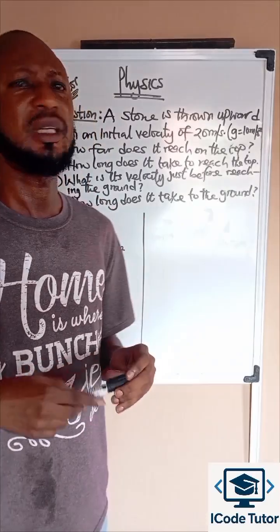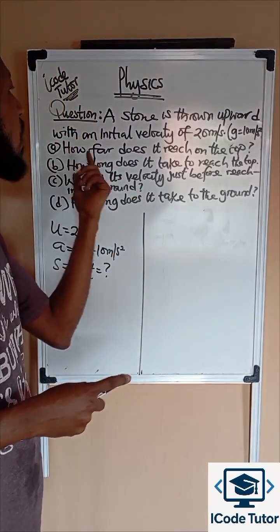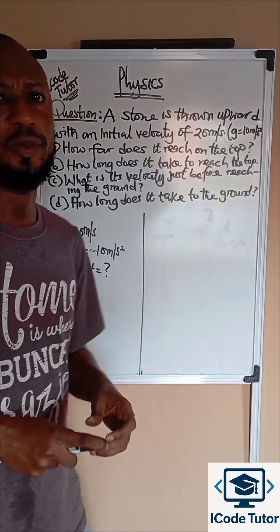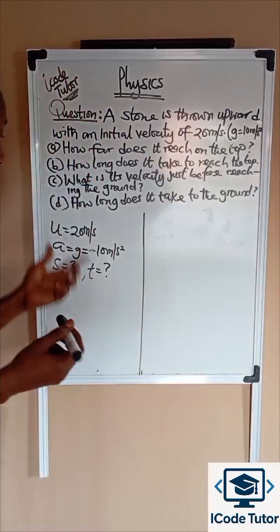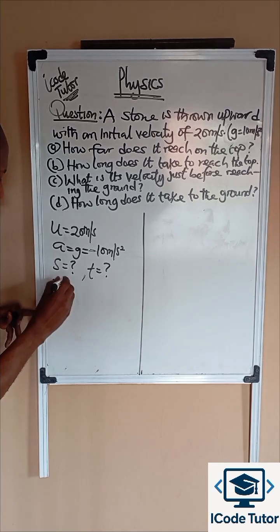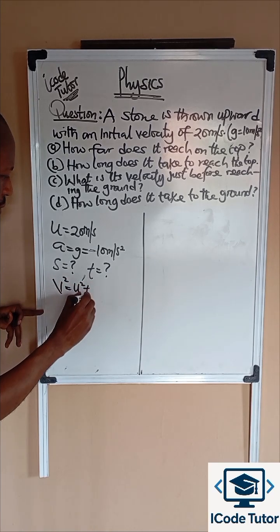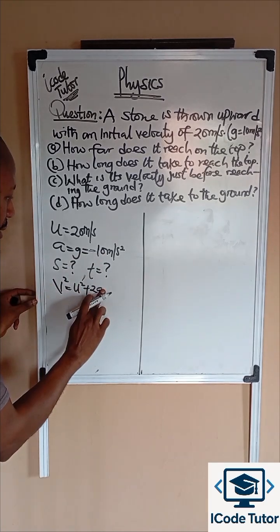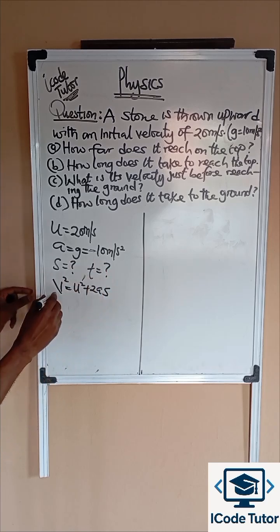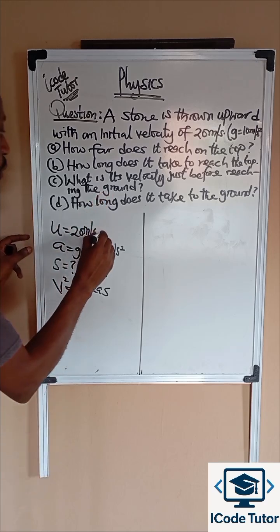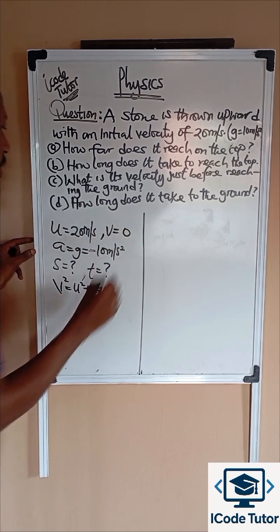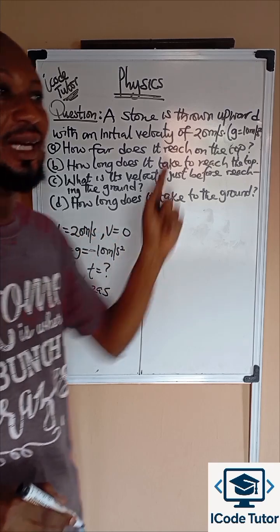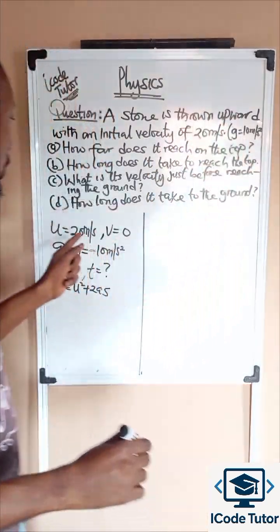Now, from the first part, they said how far does it reach the top? What formula do we think is suitable for this? We can use v square equals u square plus 2as, since we are calculating for the distance. Now, the final velocity here, v equals 0, because the stone stops at the top; the initial velocity is 20 meters per second.